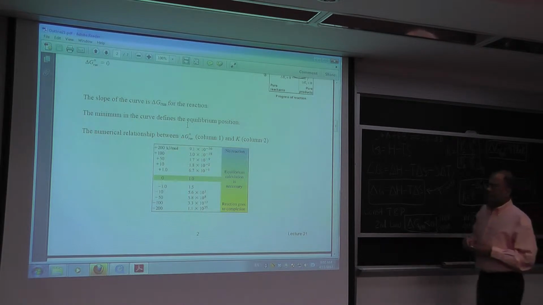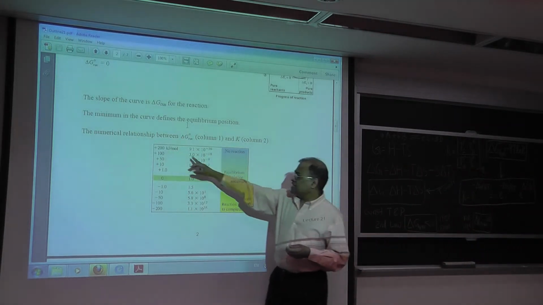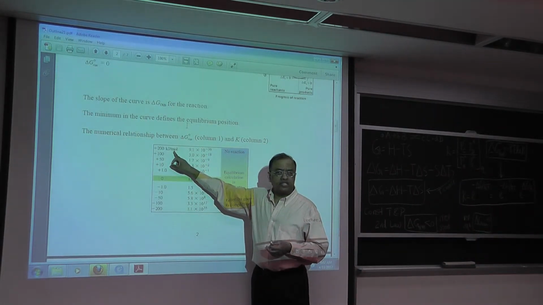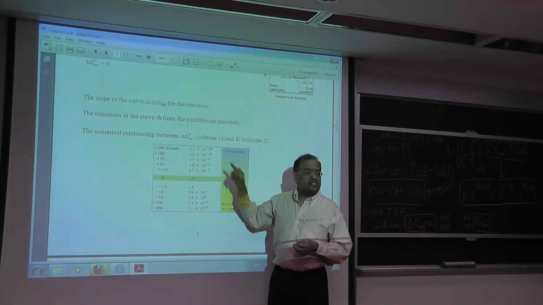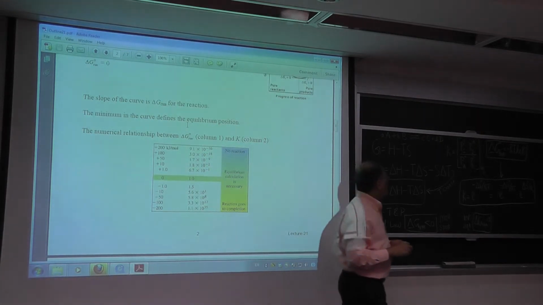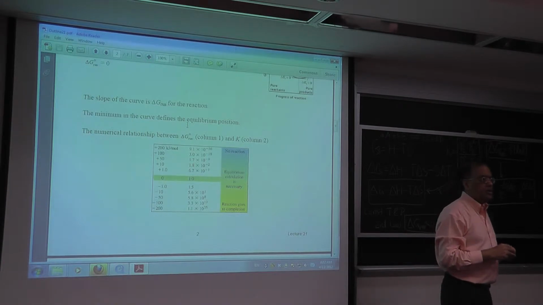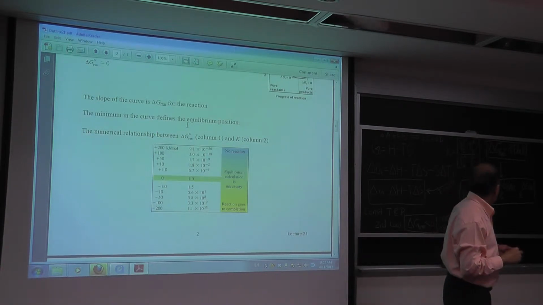Here are some values, and you can see that if delta G naught reaction is a very large positive value, K is a very, very small value. Yes, Angela? For the K equals E something equation, why is it delta S over R?